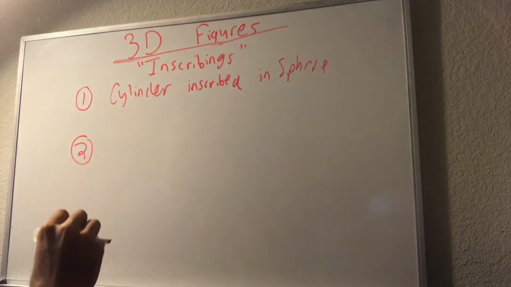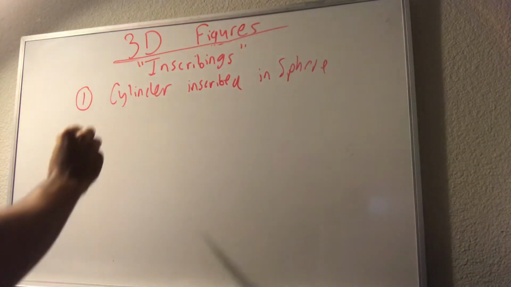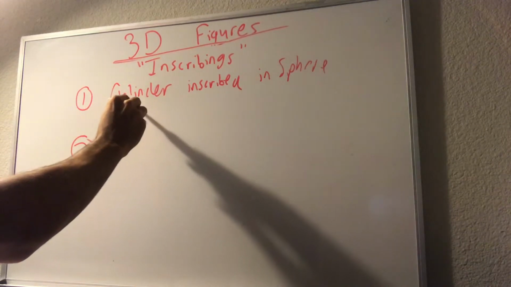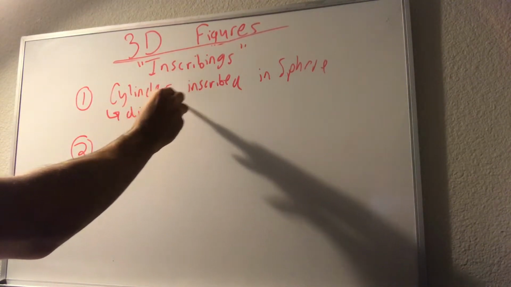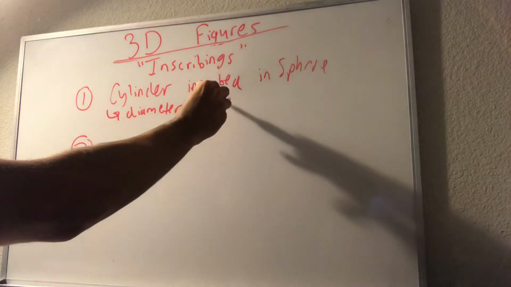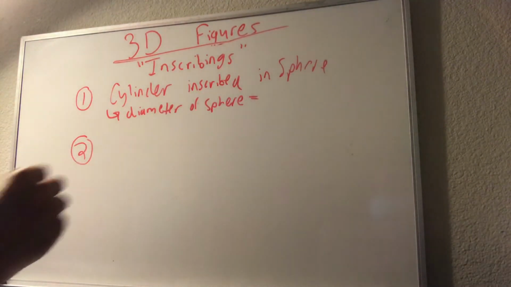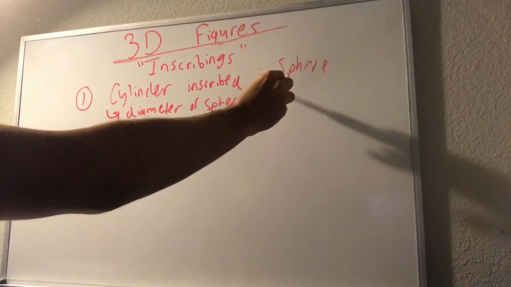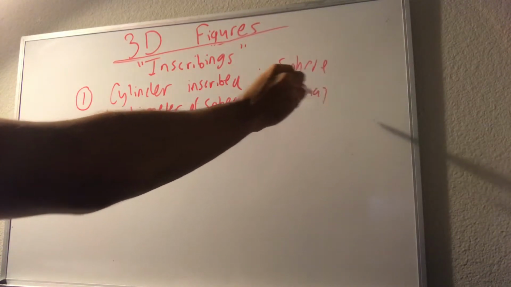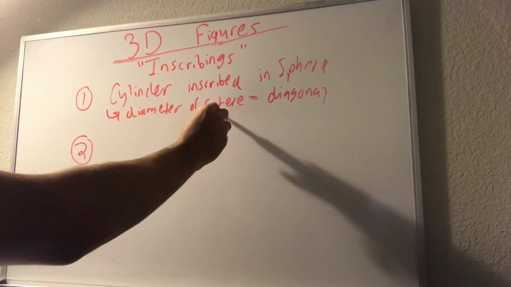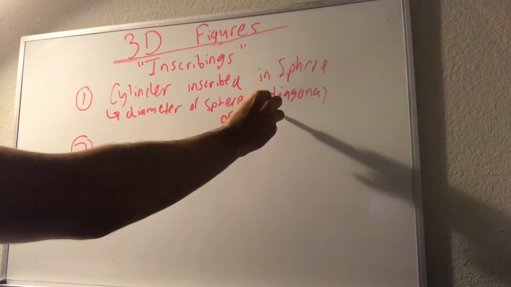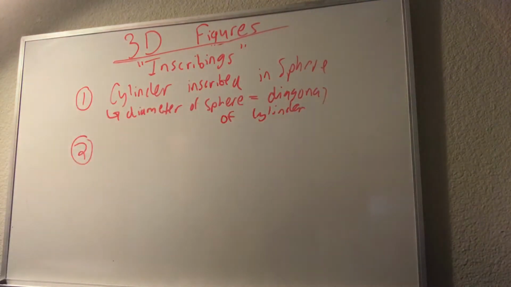In that case, the diameter of the sphere is equal to the diagonal of the cylinder. So with a cylinder inscribed in a sphere, the diameter of the sphere is equal to the diagonal of the cylinder.